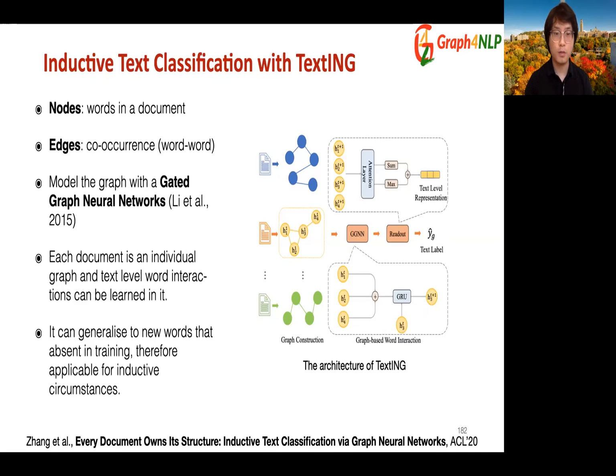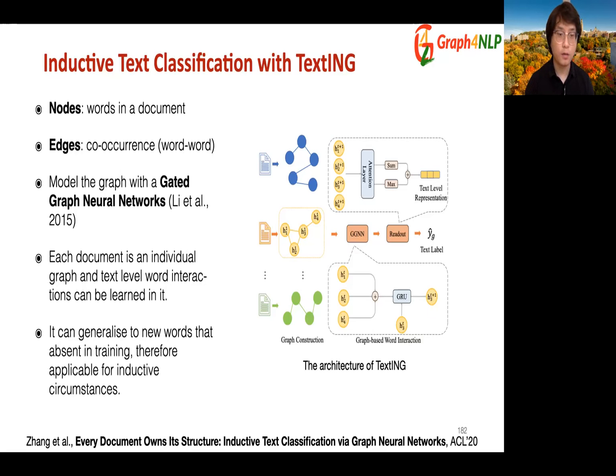But in this paper, they construct each document as an individual graph, and text-level word interactions can be learned in it. The nodes are words in the document, and the edges are co-occurrence edges. They model the graph with a gated graph neural network.